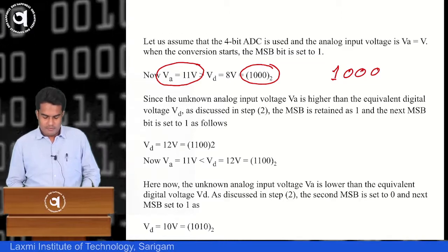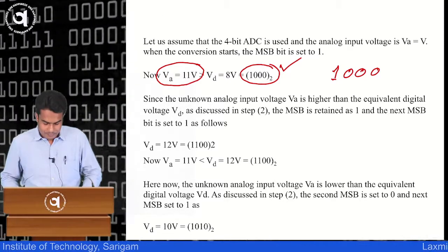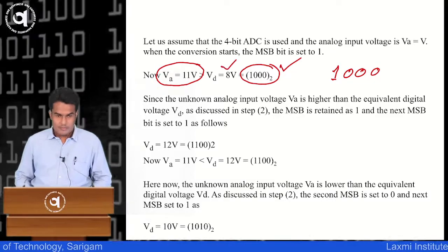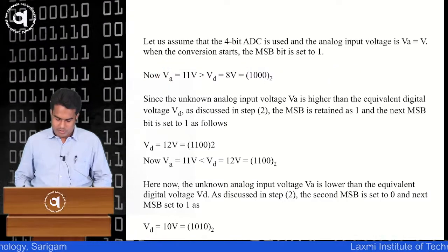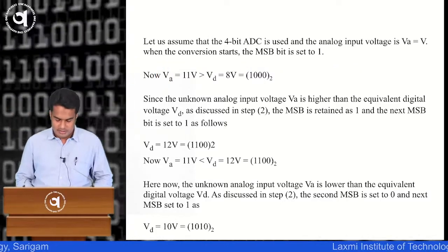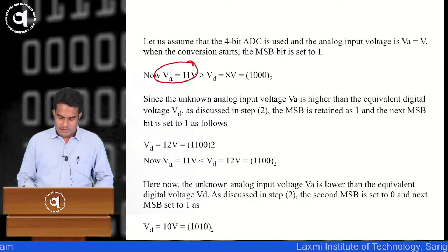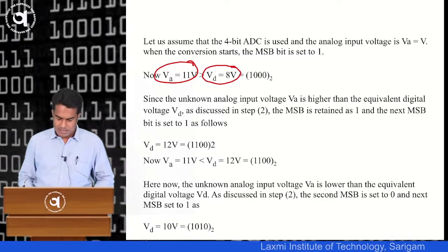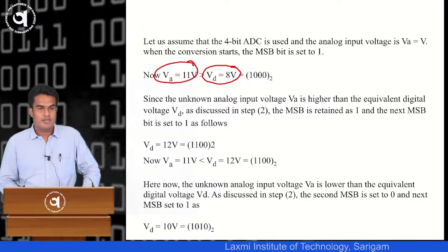If I find the decimal value of this binary number, it will be equal to 8 volt. According to our working principle and design of the circuit, the analog value, 11 volt, will be compared with the digital value, 8 volt. And we can see the analog value is higher than the digital value.